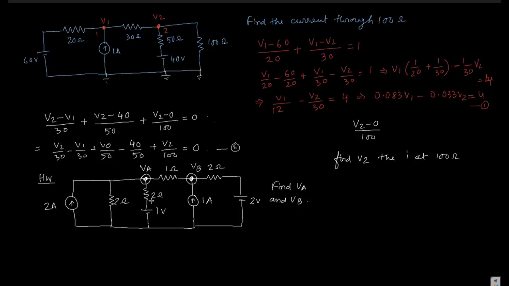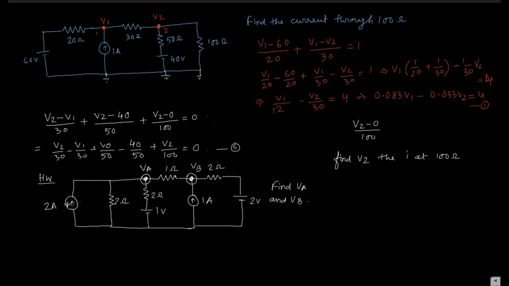Here, how many nodes are connected? So you can consider VA by 2 plus VA minus 1 by 2 plus VA minus VB by 2 is equal to 2 ampere.